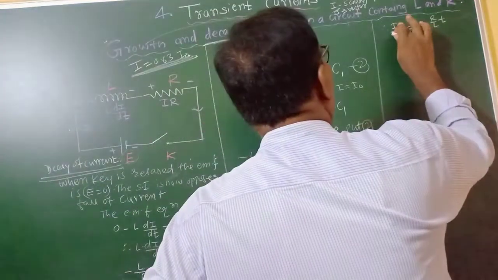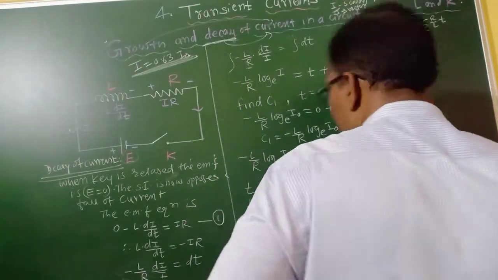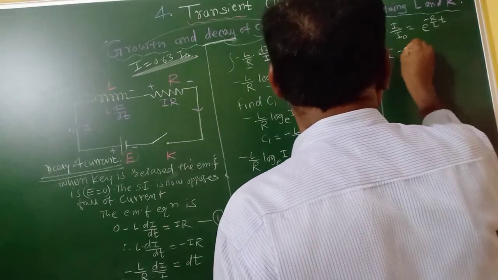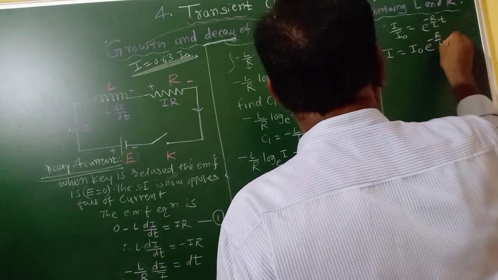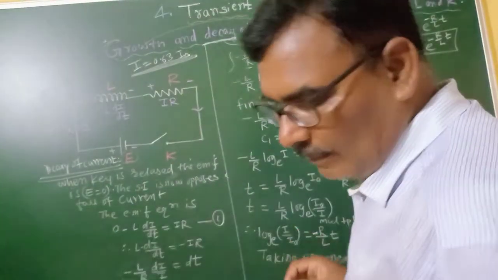Finally we write that I is equal to I0 e raised to minus R by L into t. And this is the expression for the decay of the current.